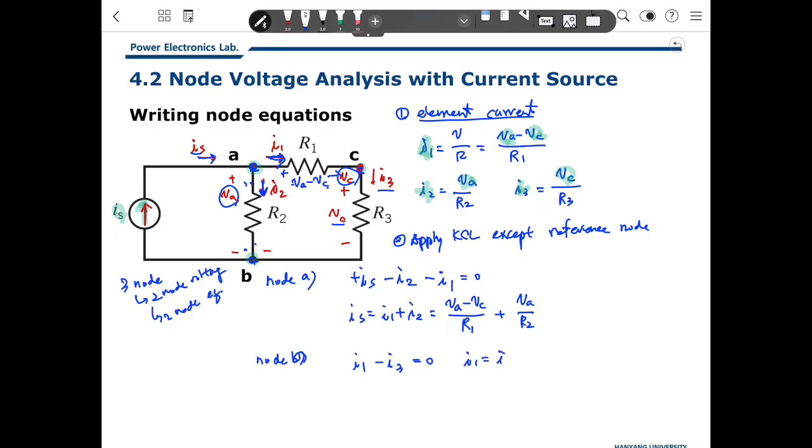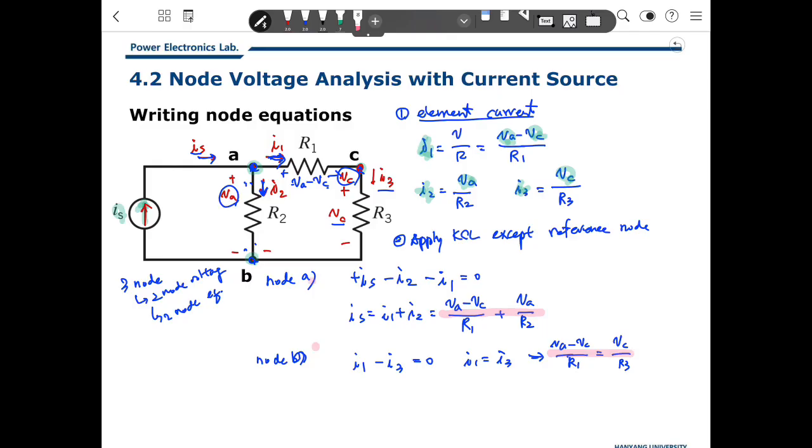So I1 equals I3. What is I1? I1 is VA minus VC over R1, equal to I3, which is VC over R3.